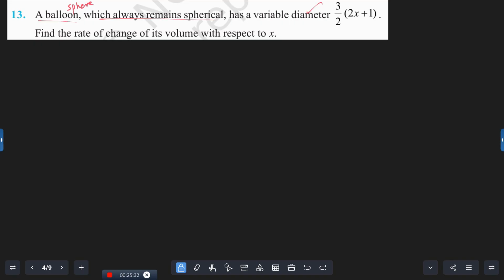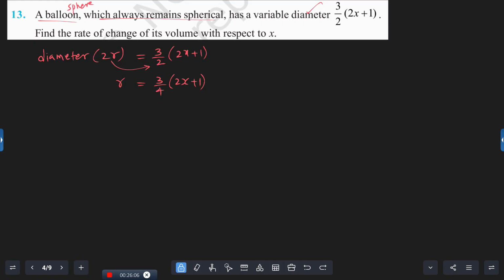The diameter is 2 times r, which is equal to 3 divided by 2, 2x plus 1. If you want the radius, the 2 moves to the other side and divides, so 3 divided by 4, 2x plus 1 is our radius.